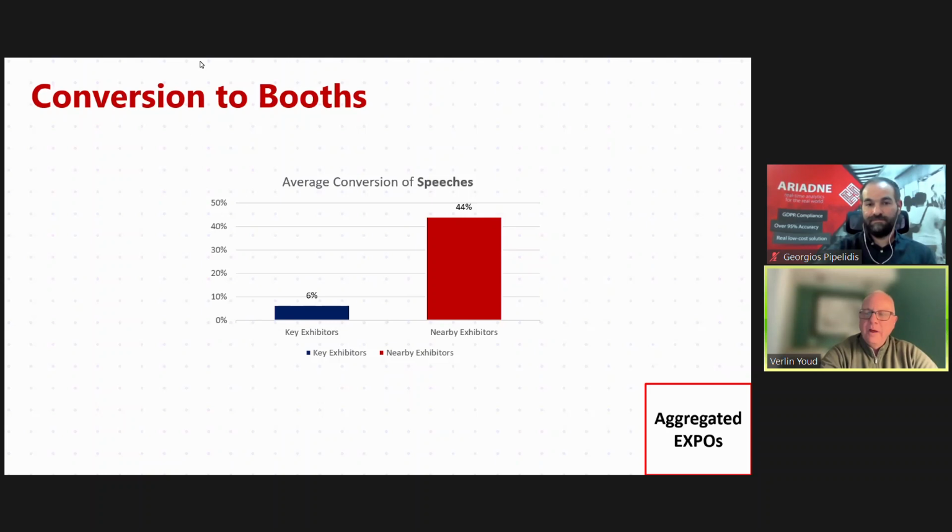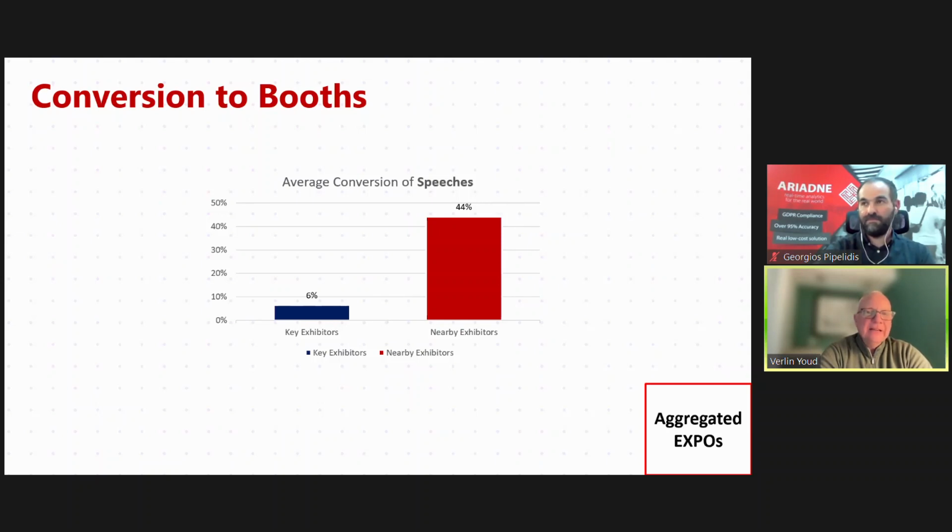And so number one, we measured whether someone who went to a speech or presentation would go to another booth after that speech or presentation or not. What we saw was that once a speech was done, the nearby booths captured by far more visitors immediately afterward than any booths far from the presentation stage.